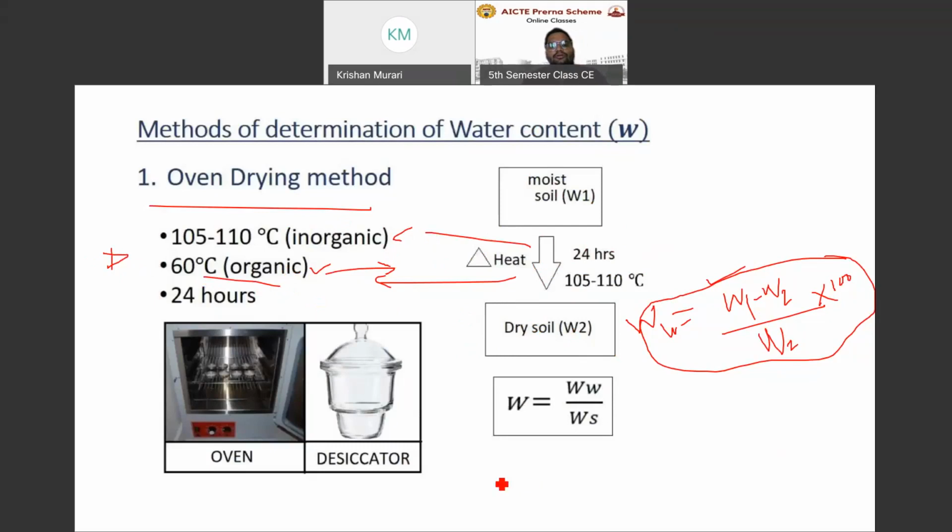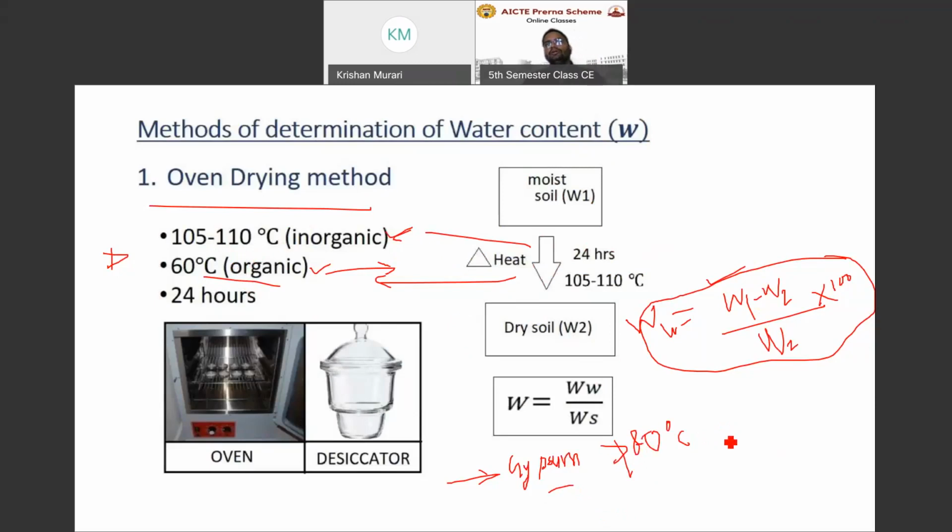And there is something else: if the soil contains gypsum, then the temperature should not be greater than 80 degrees Celsius. So you have to remember these three limits. For inorganic soil, 105 to 110 degrees Celsius. For organic soil, 60 degrees Celsius. And if the soil contains gypsum, 80 degrees Celsius.